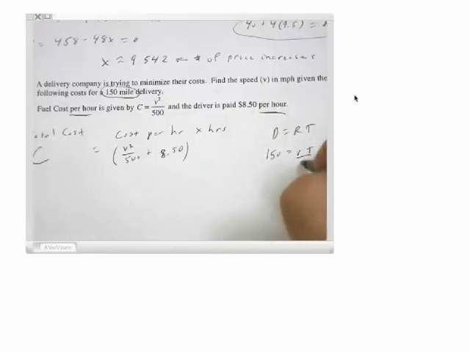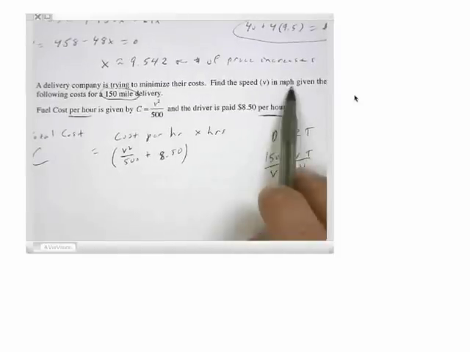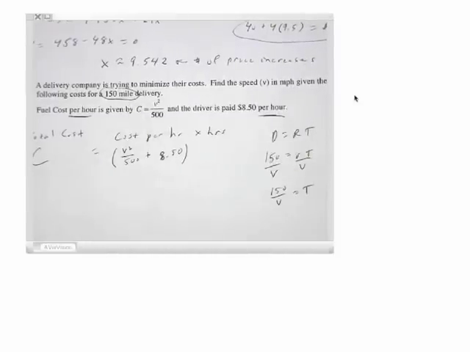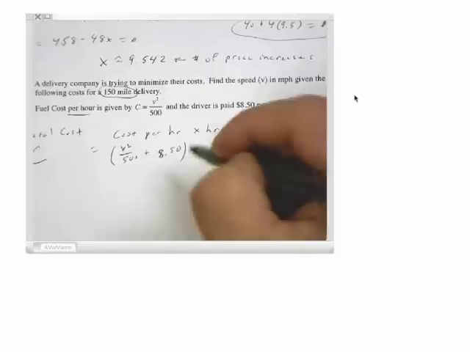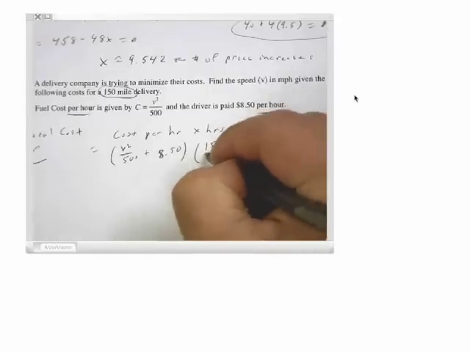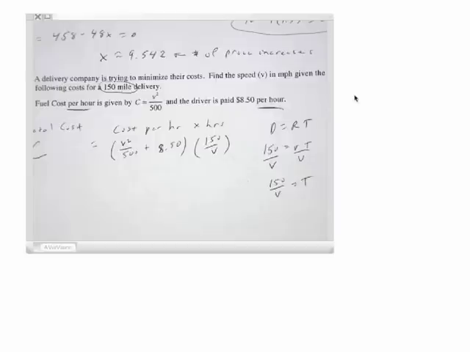That means t is going to equal 150 over v. Everything's in miles per hour here, and we've got a mile delivery, so we don't have to worry about converting units. So the time the trip takes is 150 miles divided by my average speed, so the number of hours is 150 over v.